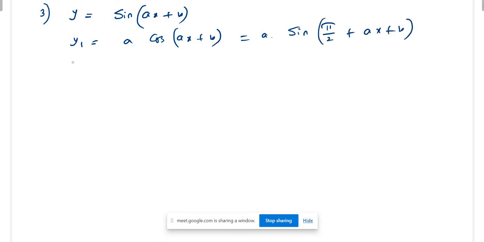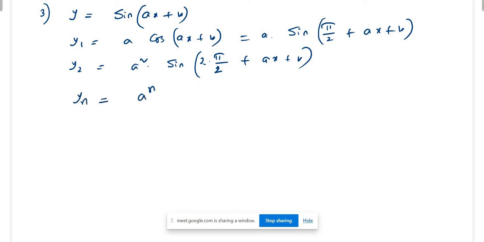So in this way, I can write y2 as a square into sine 2 into pi by 2 plus ax plus b, and hopefully I can get yn as a to the power n sine n pi by 2 plus ax plus b.